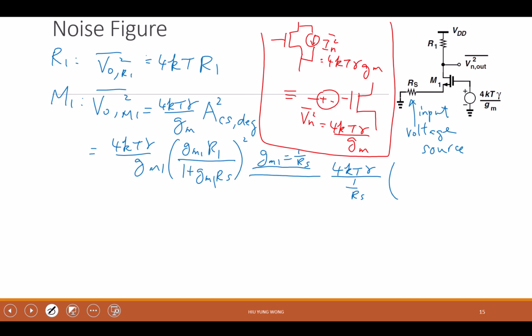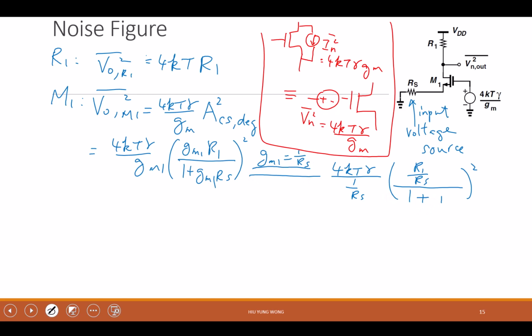And then gm1 times R1 means R1 divided by Rs. And the bottom is 1 plus 1, right? Because 1 plus gm1 times Rs, and gm1 times Rs is 1.